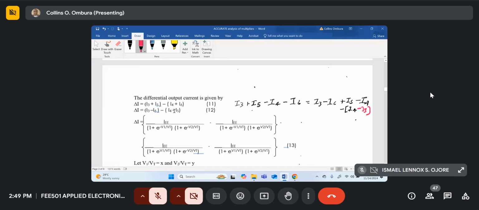So I'll use the form of 12, which is I3 minus I6 minus the brackets I4 minus I5.